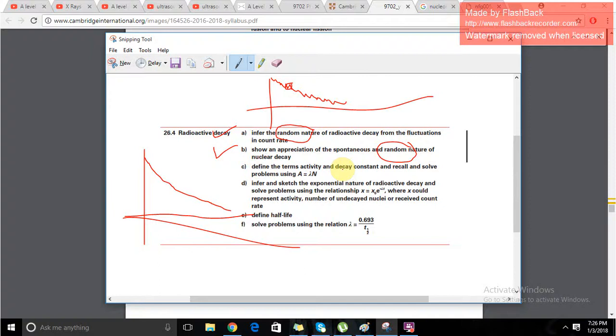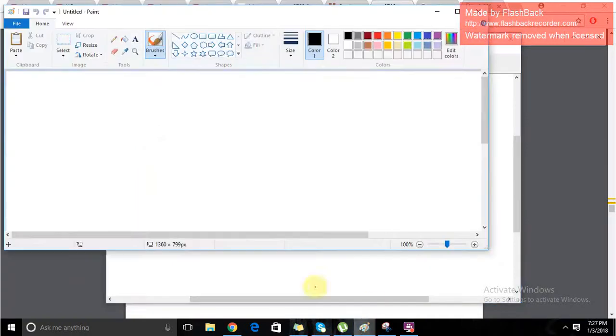It's basically how active a sample is, or more accurately, it's the rate at which a particular sample is disintegrating, right? And we measure it in units called becquerel, or per second. So basically they're the same, you can use either one of them.